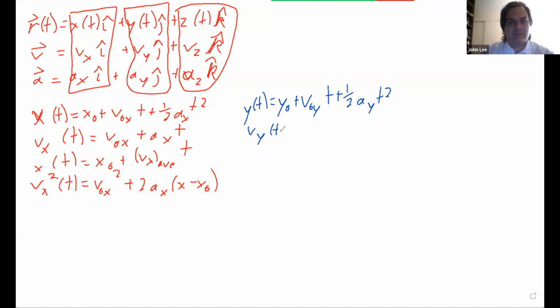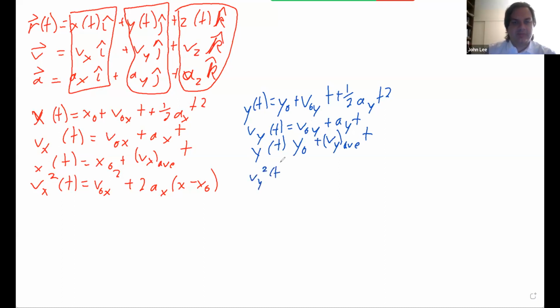Vy of t equals v naught y plus ay t. y of t is again y naught plus vy average t, and vy squared of t is equal to v initial y squared plus 2ay times (y minus y naught).